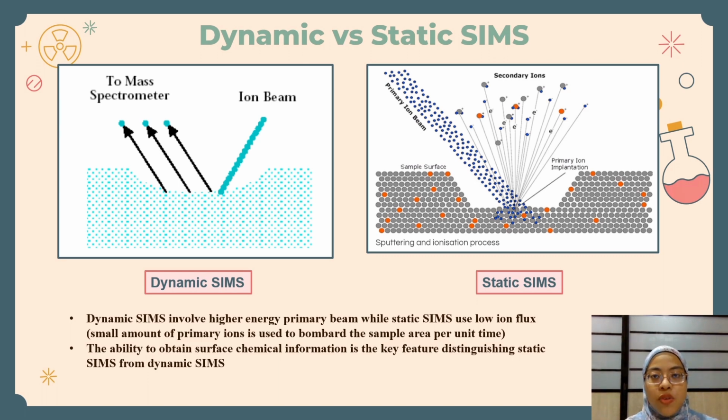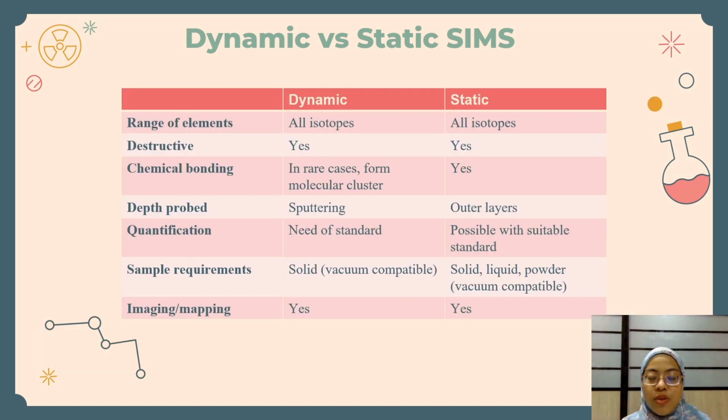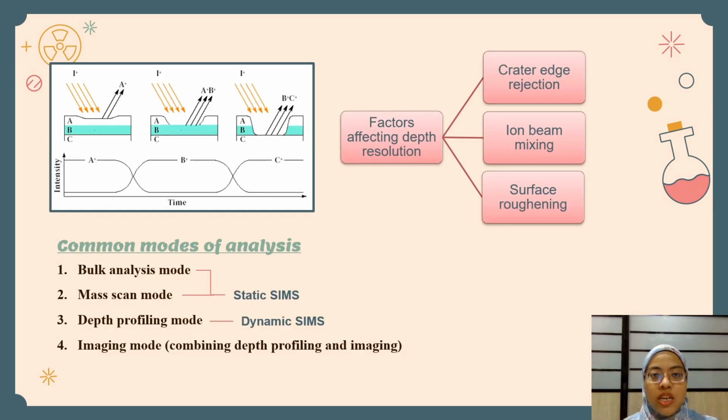Static SIMS is focused solely on the first top monolayer, mostly for molecular characterization. This table shows the comparison between dynamic and static SIMS. Factors affecting depth resolution in dynamic SIMS are crater edge rejection, ion beam mixing, and surface roughening. Common modes of analysis are bulk analysis and mass scan mode using static SIMS, depth profiling mode using dynamic SIMS, and imaging mode. That's all from me and I will pass the presentation to Sami.